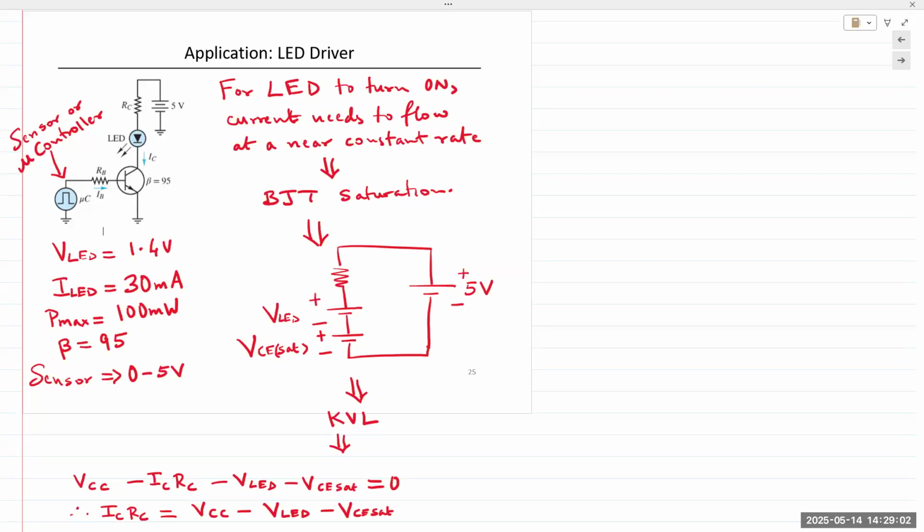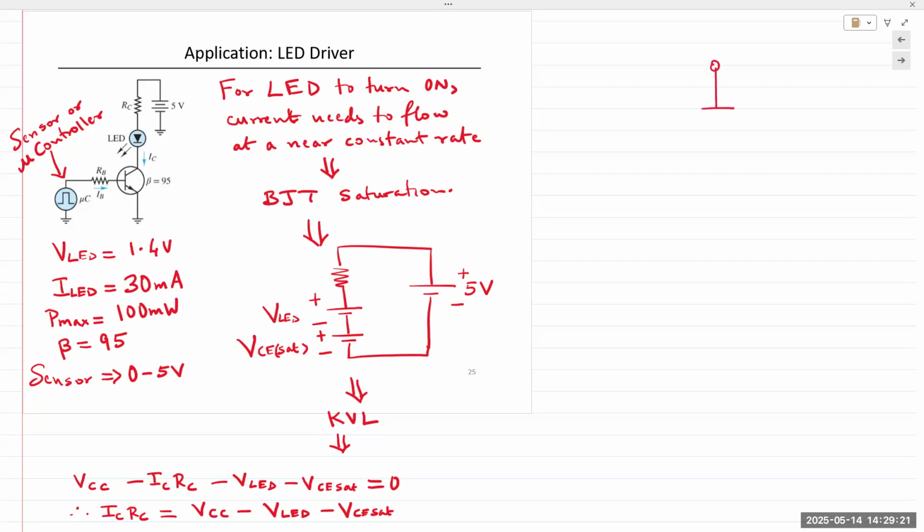Now, the outputs of the sensors and the microcontrollers are weak in the sense that they are not able to provide the current required to turn that LED on. So in those kinds of cases, we use a BJT. The BJT is simply used as a switch.